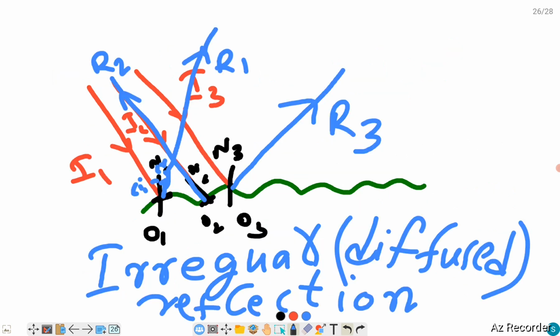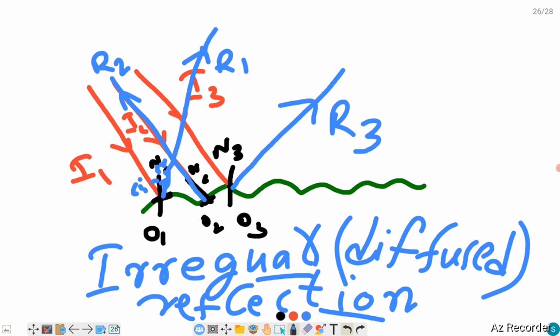But here, normals are not parallel to each other. According to normal only, we will have the reflected ray. Understood? Now, the reflected rays are in different directions. That's why, due to this irregular reflection only, we are able to see different things from different positions.